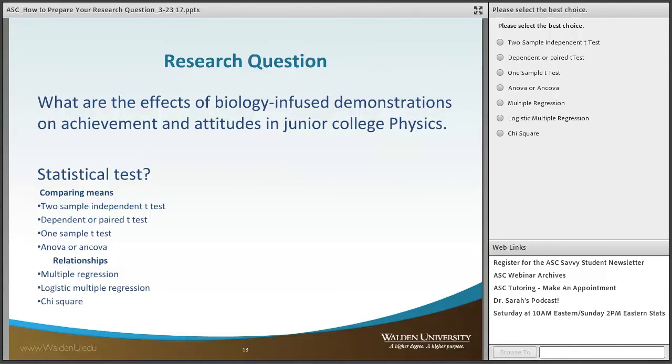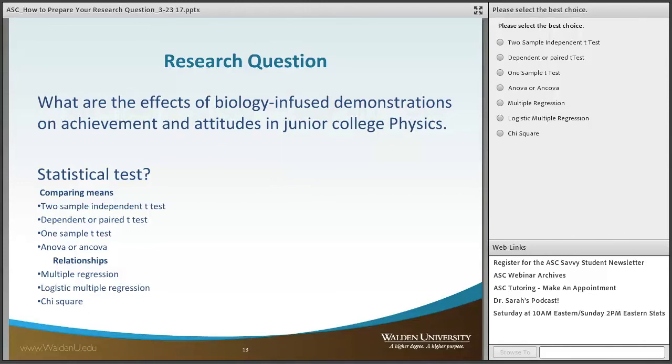You totally could do a two sample independent t-test where you only worried about the end. If the sample was big enough, you probably wouldn't have to worry. But if you were looking at, say, 40 or 50 students in each group, you would probably want to do the ANCOVA.